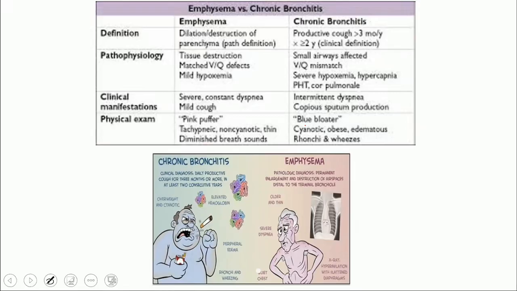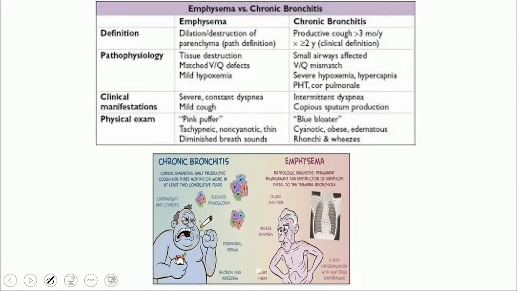Both are there. Ventilation goes down because of the airway problem. Plus, because the alveolar wall is destroyed, there is a perfusion problem as well. Ventilation is poor and perfusion is also poor. So ultimately there is a matched VQ problem.